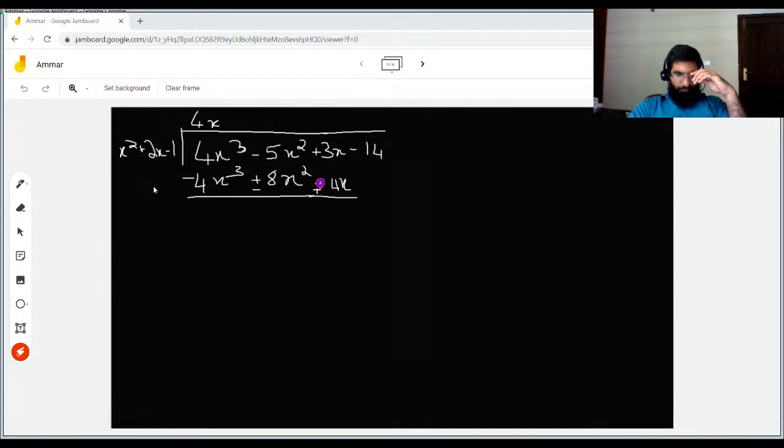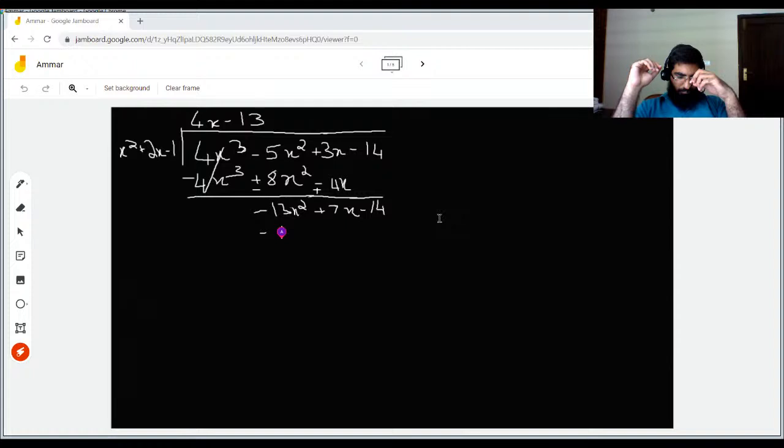So cut, and then minus 13x square plus 7x minus 14, and then 14, so minus 13, and then becomes minus 13x.